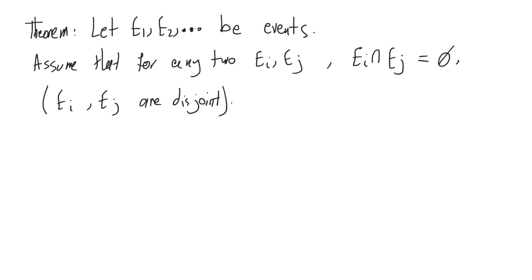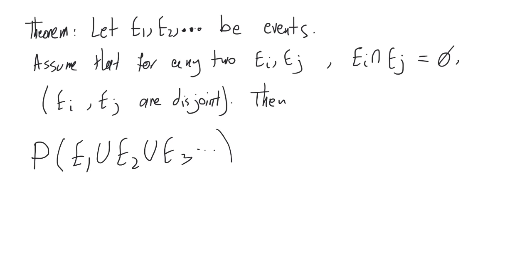And then if we have this condition, the probability of E1 union E2 union E3 is the sum of the probabilities.